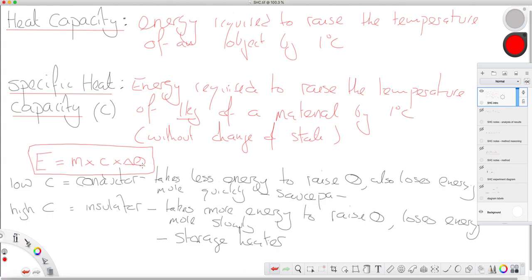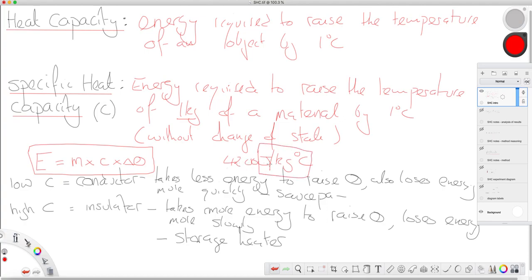So it makes sense. If it takes, for example, with water, it takes 4,200 joules to raise the temperature of 1 kilogram by 1 degree C. These are the units of specific heat capacity.